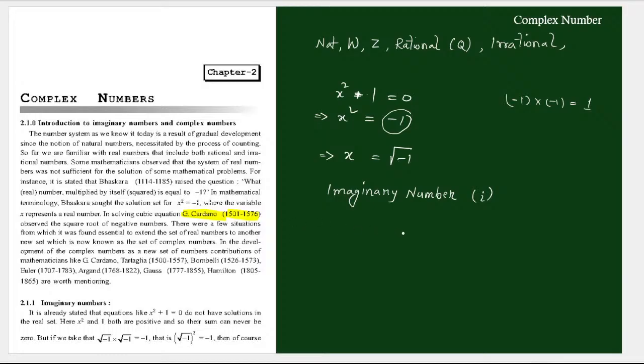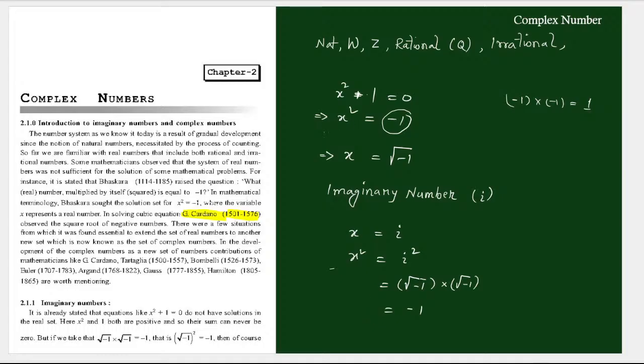Now, so here x will become i, right? Then x square will be i square, and i square is nothing but root over minus 1 into root over minus 1, which is nothing but minus 1.